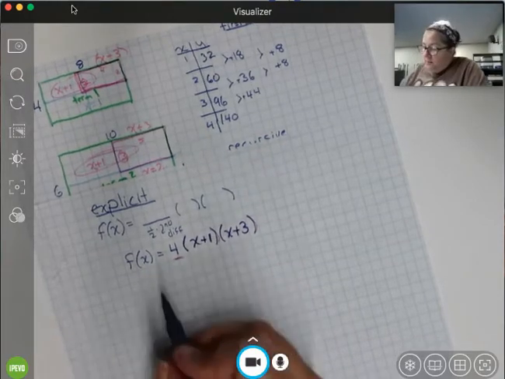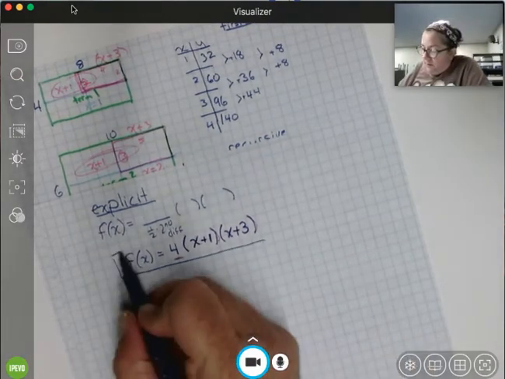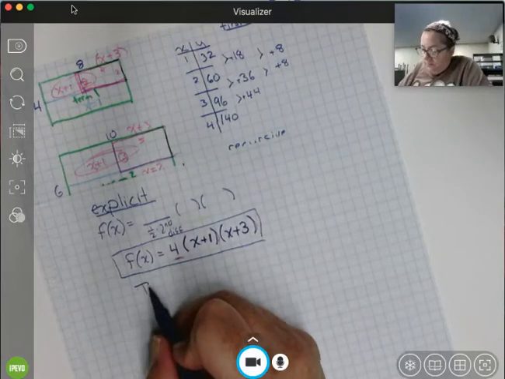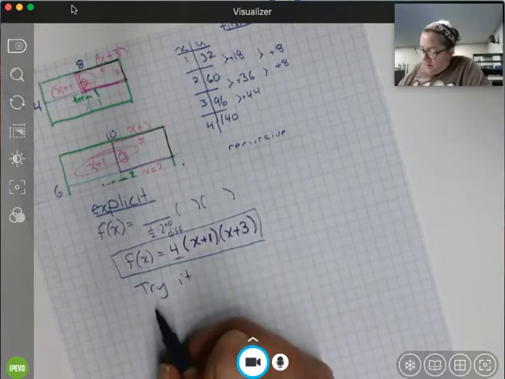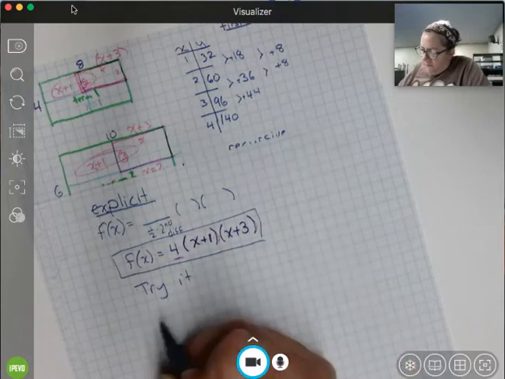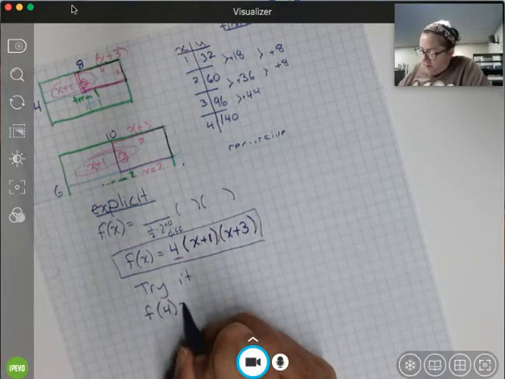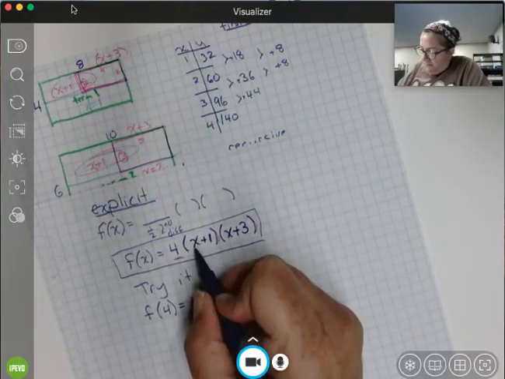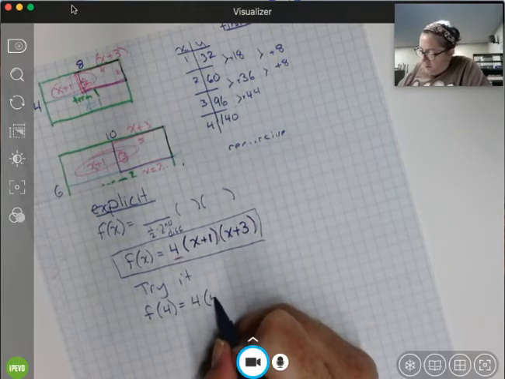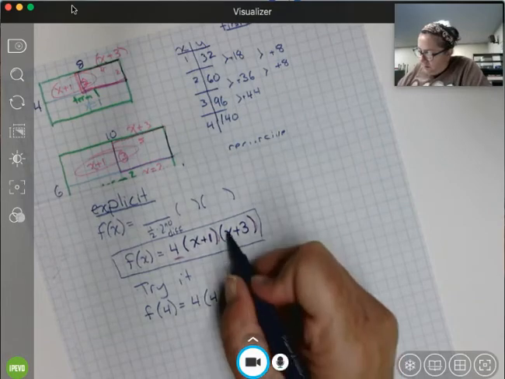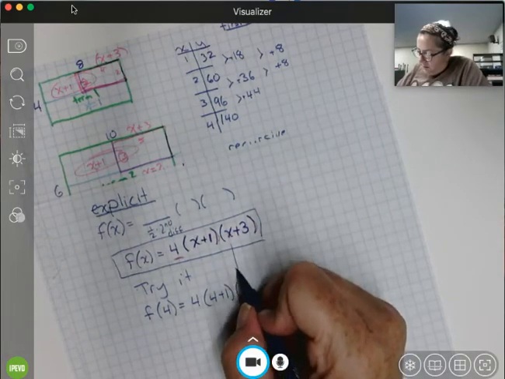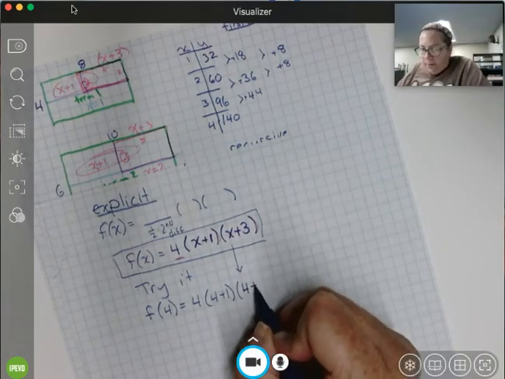And now, that's our explicit. Let's try it. Let's see if I can pick a better example than last time. Let's try f of 4. Why not? f of 4 should equal 4 times (4 plus 1) times (4 plus 3). Right?